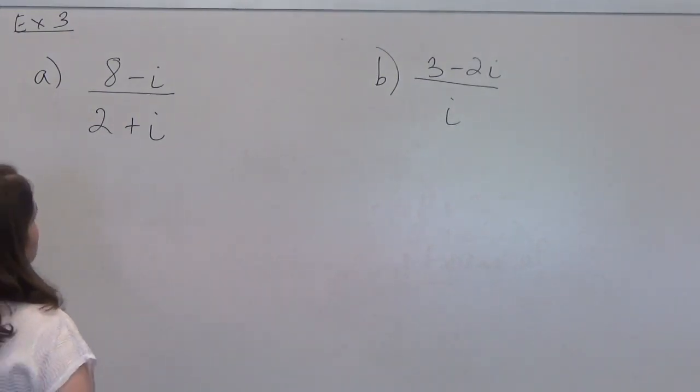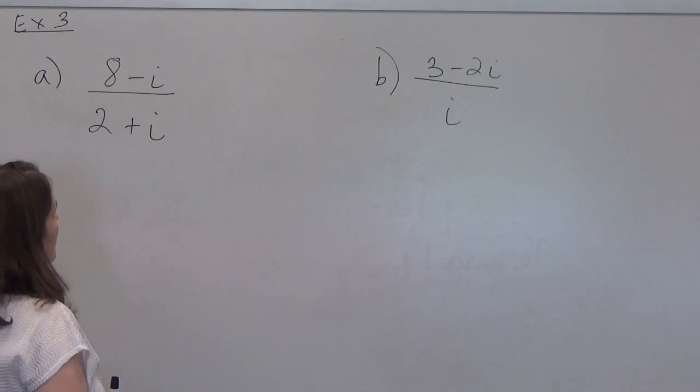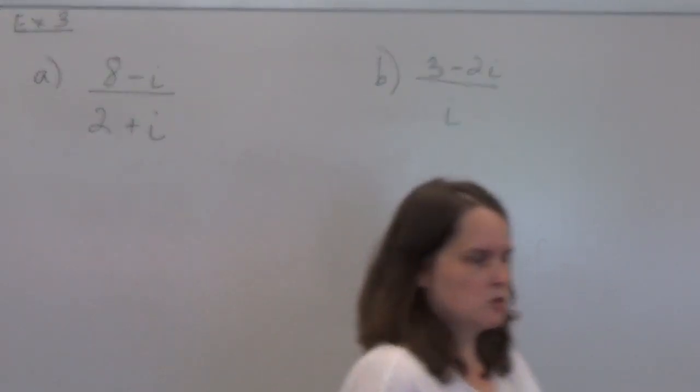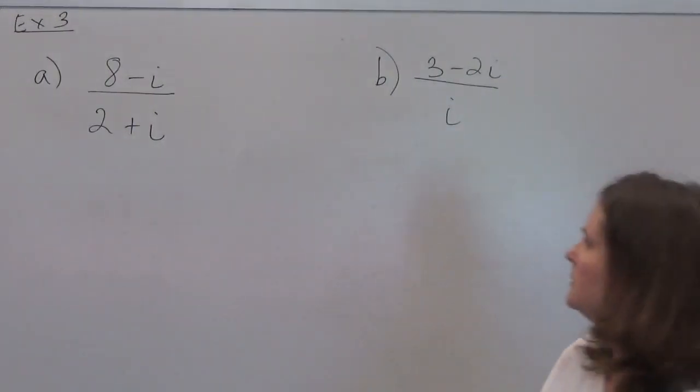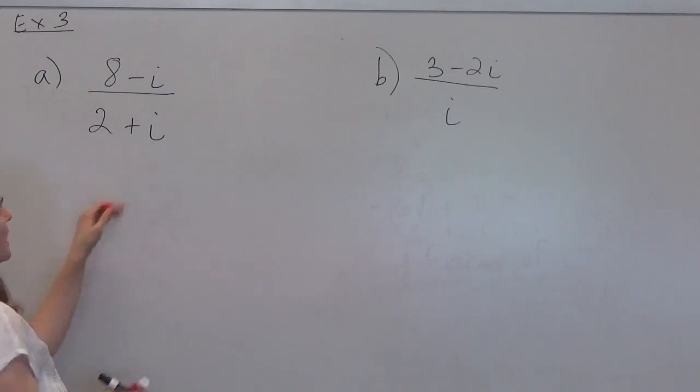We have to make sure that we do not change the value of what we were given at the beginning. So if we multiply the top and the bottom by the conjugate of our denominator, and you should know what the conjugate is, the conjugate here would be 2 minus i.